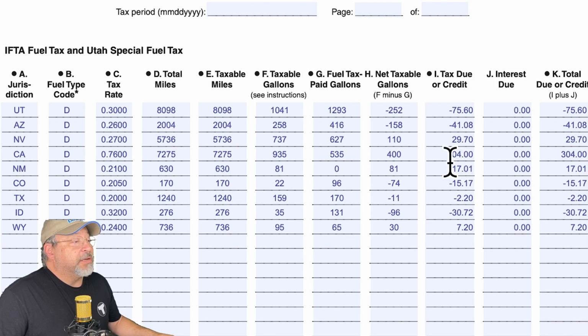I don't get a credit. If this number here had been bigger than this number, I would get a credit. But no, I didn't buy enough fuel in California, and that's why I have this positive number here, okay?